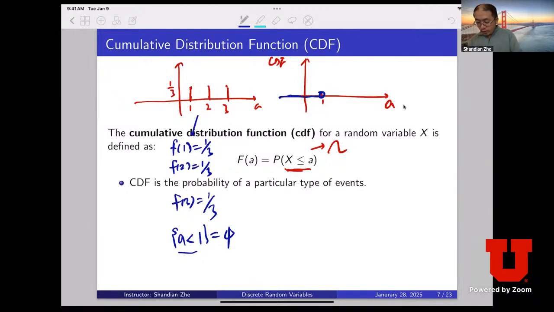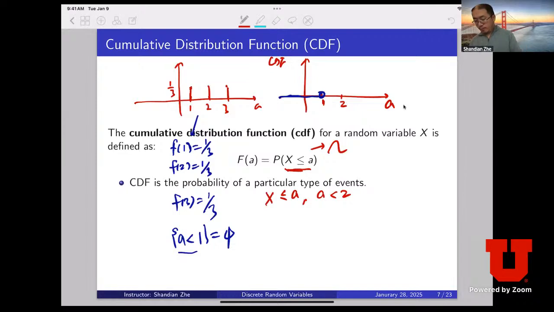Okay, so how about from 1 to 2? What's the CDF value? It's just 1/3, right? Because if you look at X less than or equal to something, like A is less than 2, right?